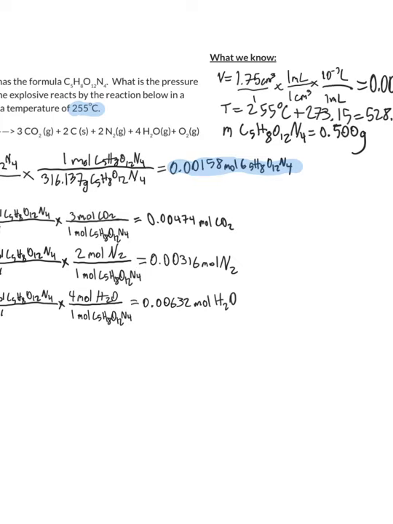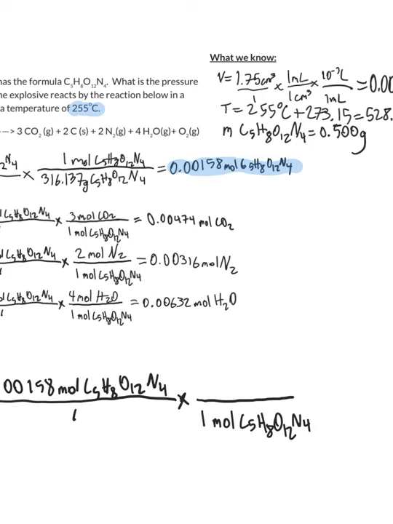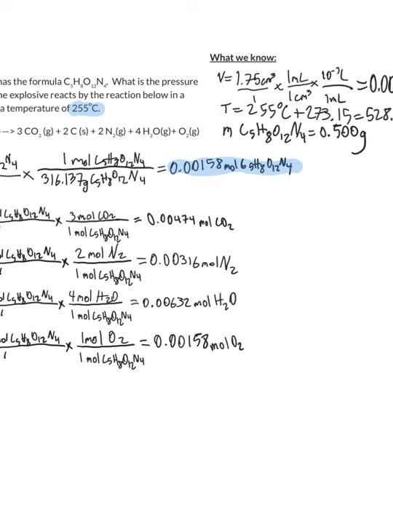Finally, for O2 gas, we will use 0.00158 moles C5H8O12N4, and we'll use a ratio of 1 mole C5H8O12N4 to 1 mole of O2 to get 0.00158 moles of O2.